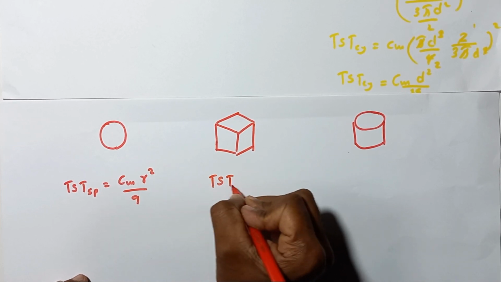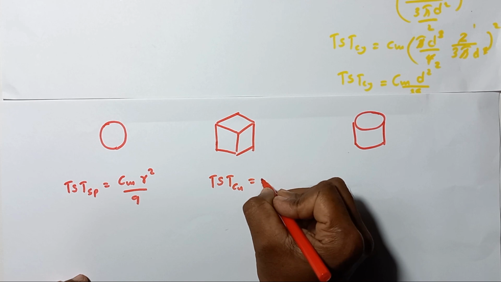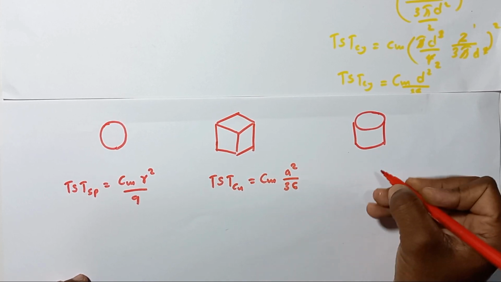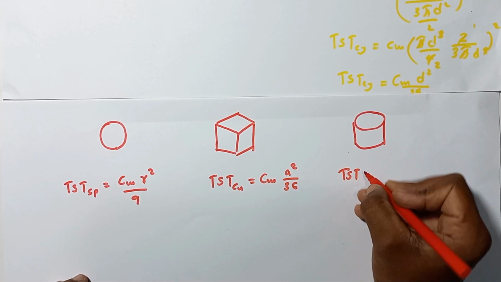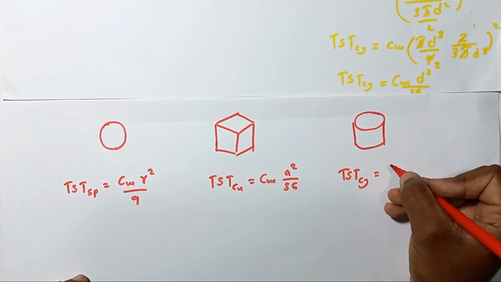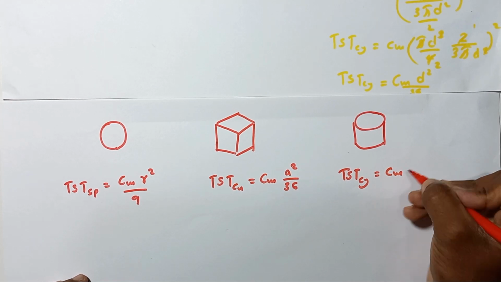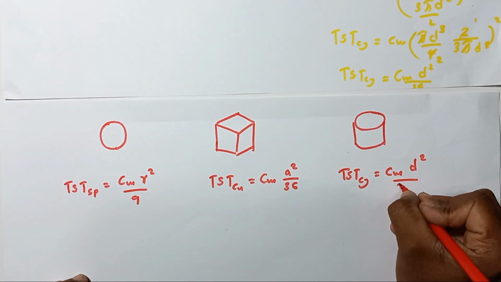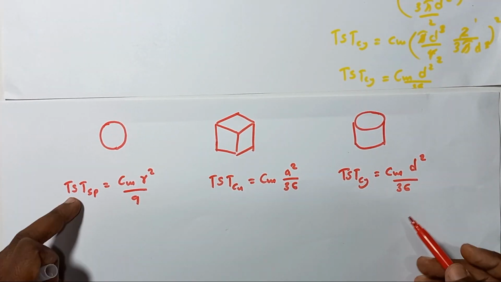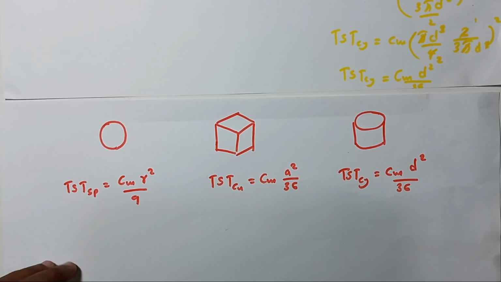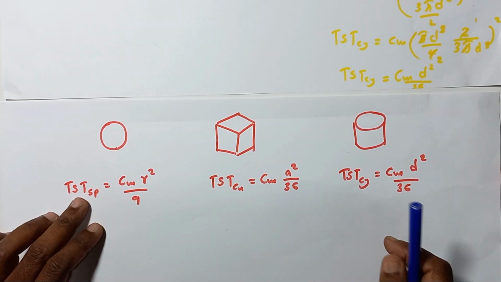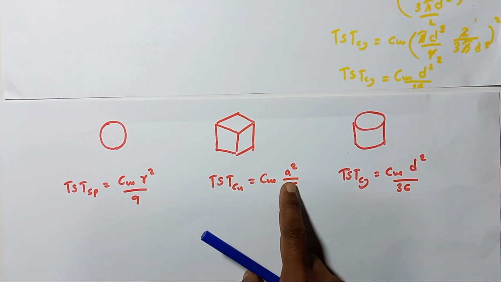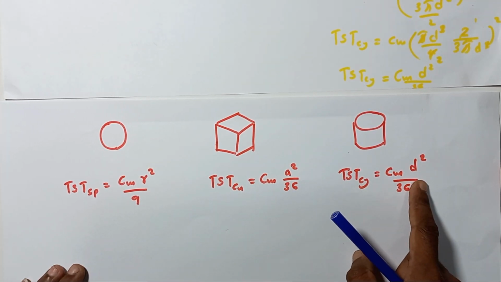For the cube it is Cm A squared divided by 36. For the cylinder it is Cm d squared divided by 36. Here we have obtained three different values, but we can't compare them because they are in R, A, and D, three different parameters.